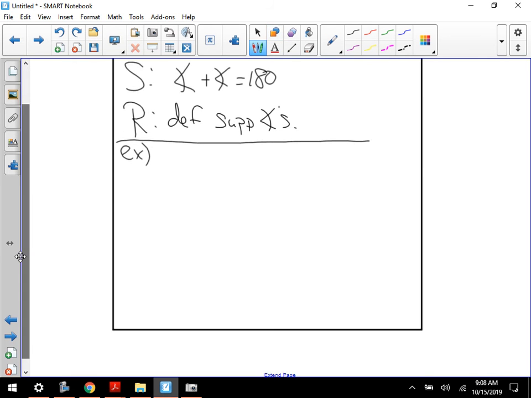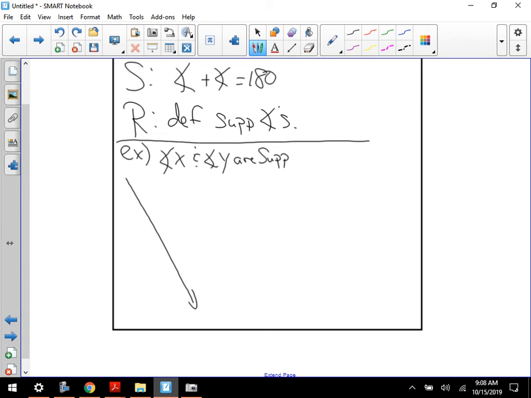Example. Angle X and angle Y are supplementary.